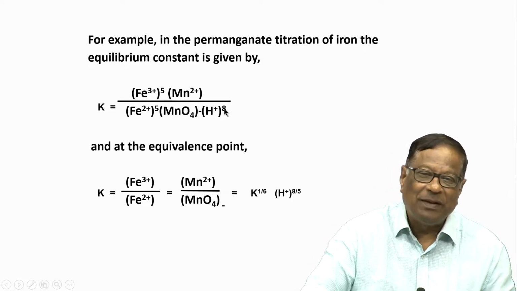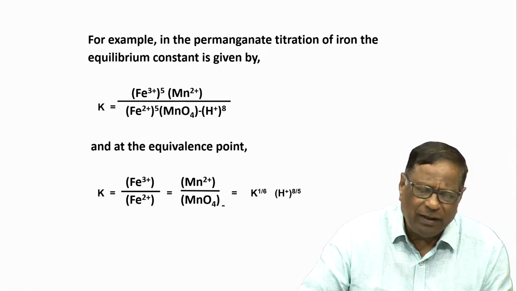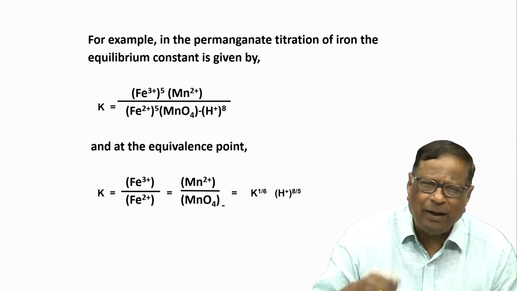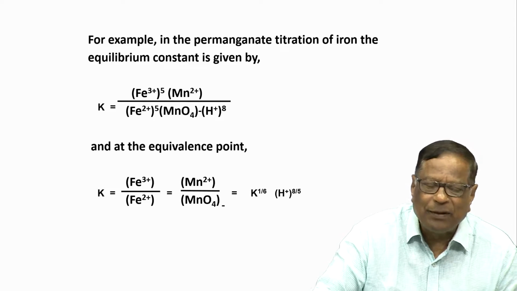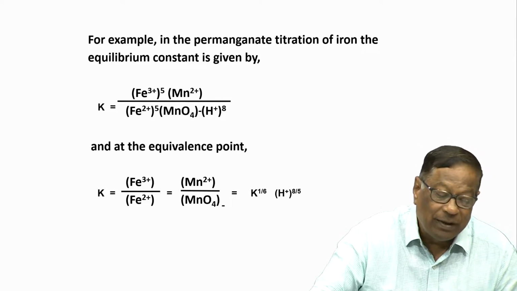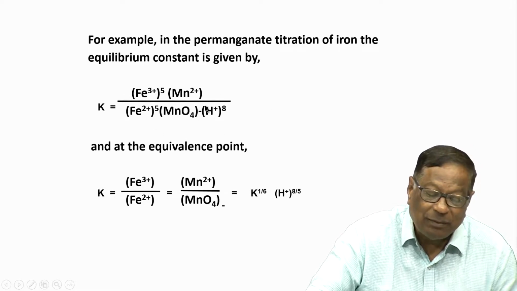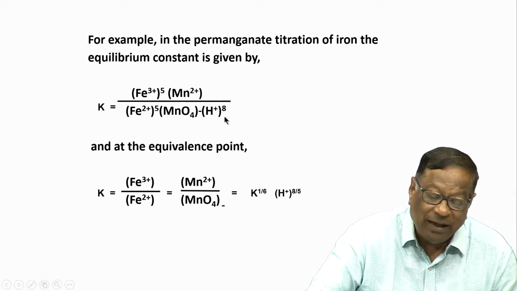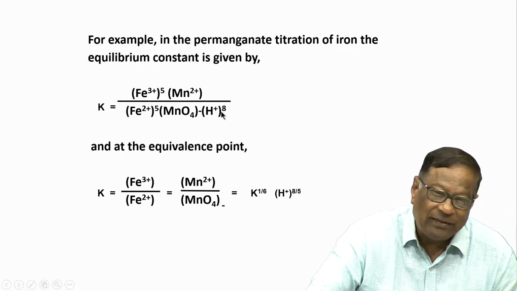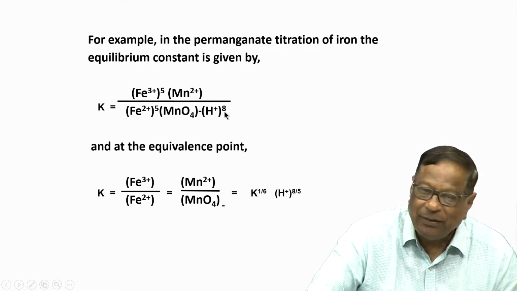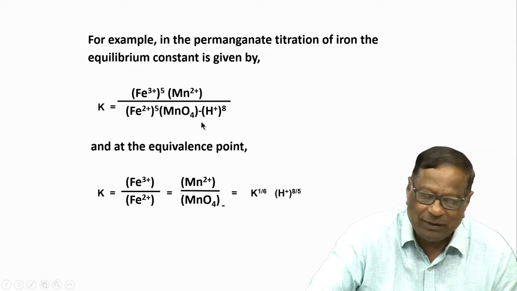That means the reaction is very highly dependent upon acidic medium. The oxidation of ferrous to ferric using potassium permanganate will go only if the reaction medium is strongly acidic, otherwise it will be very slow. So, the EMF also will be different.